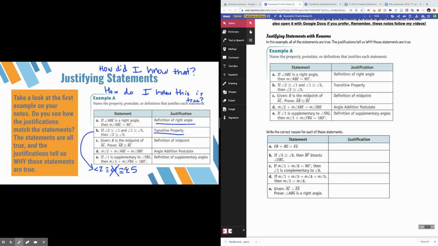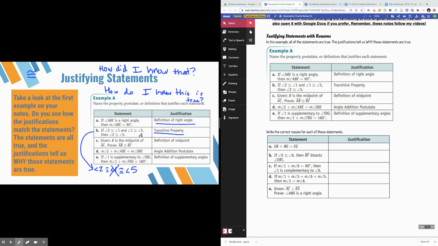I know this looks a little bit different than what you saw with the algebraic properties, because there's a congruent symbol here. The congruent symbol is an equal sign with a little squiggly on top. We use the congruent symbol when we're talking about angles as a whole or segments as a whole because they have a lot of different aspects: angles have rays, endpoints, and measurements.